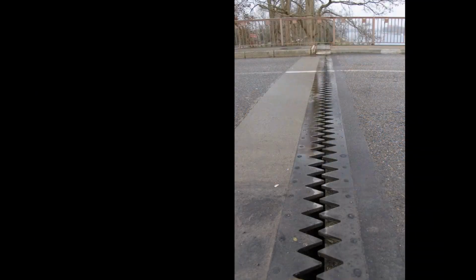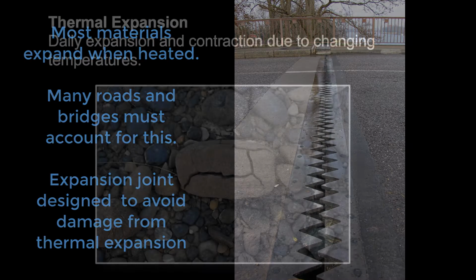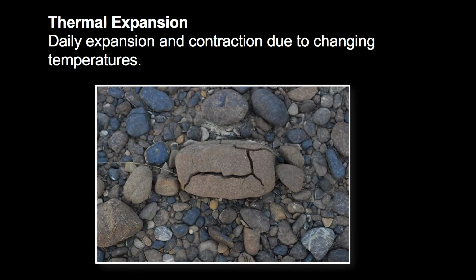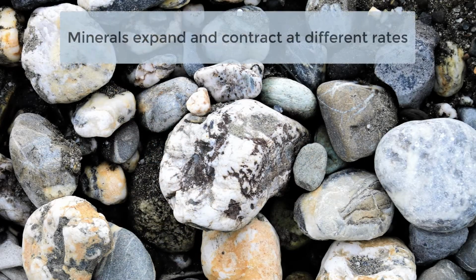The next type of physical weathering I want to concentrate on is thermal expansion. And this is the daily expansion and contraction of rocks due to changes in temperature. Minerals normally expand and contract due to temperature fluctuations, and this is called thermal expansion. So rocks are composed of various minerals, but the minerals that make up a rock may contract and expand at different rates depending on what minerals they are.